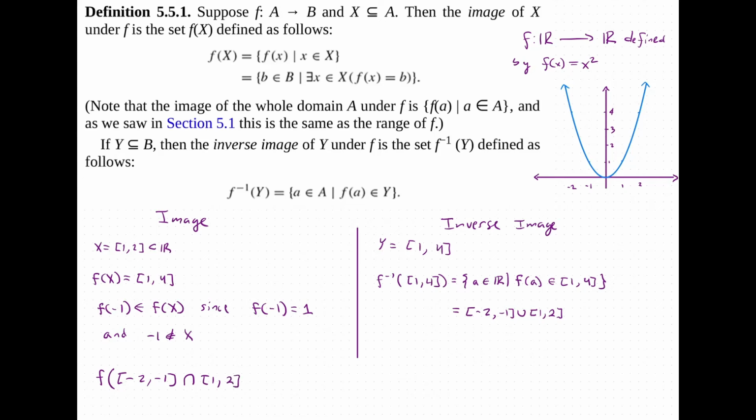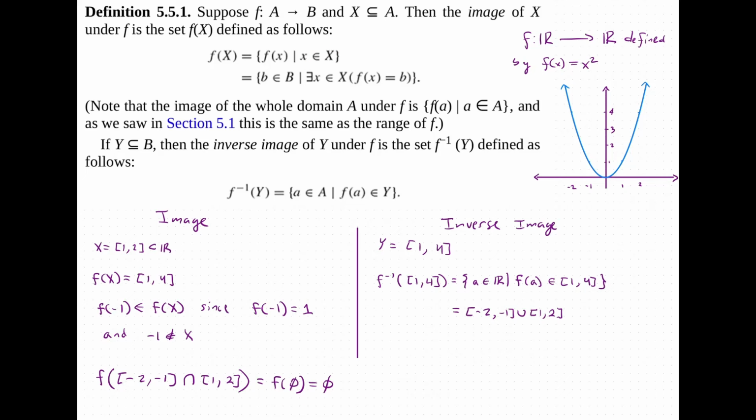There are no elements that these sets share. And so we really are saying f of the empty set. Since this is the empty set, we can't choose any elements, and so f of the empty set is just going to be the empty set.